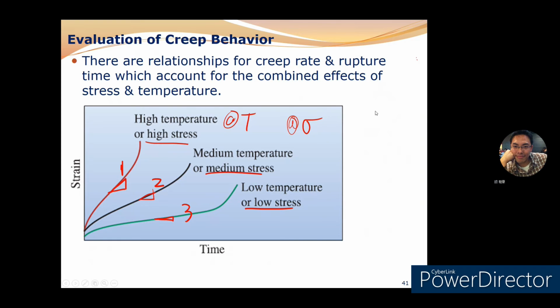If I have a constant stress, of course, for the third curve, its creep rate is the smallest at a constant applied stress, right?